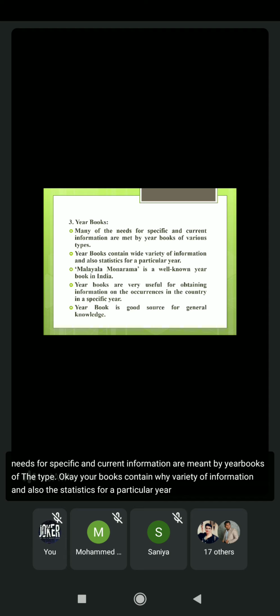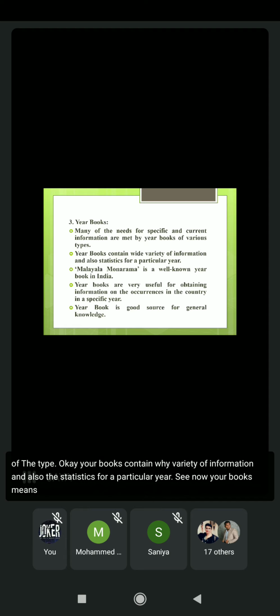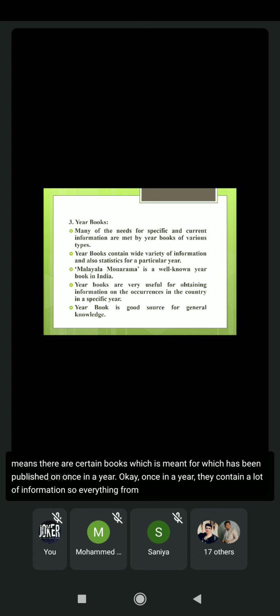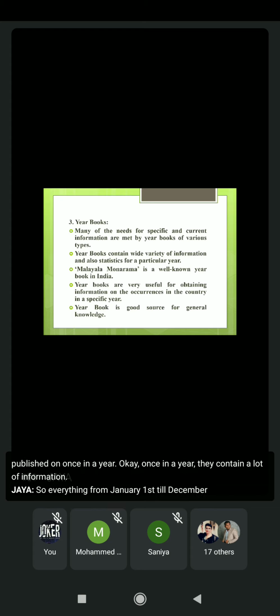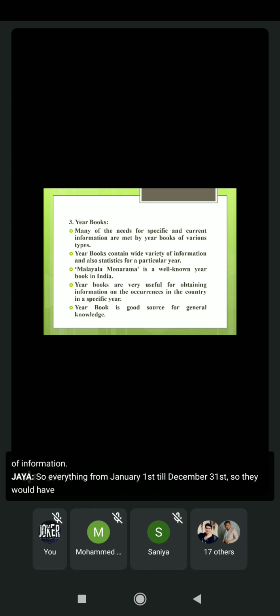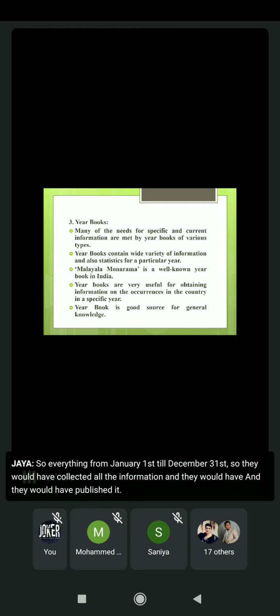Yearbooks are books published once in a year. From January 1st till December 31st, they collect all the information and publish it, so you get complete information of that particular year.